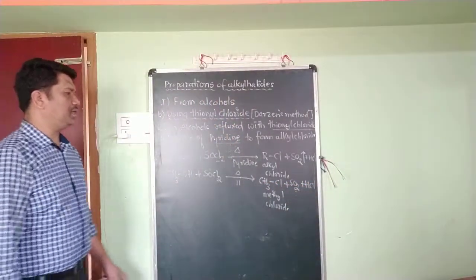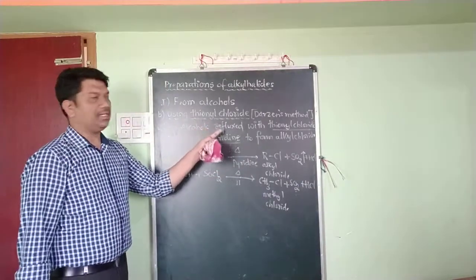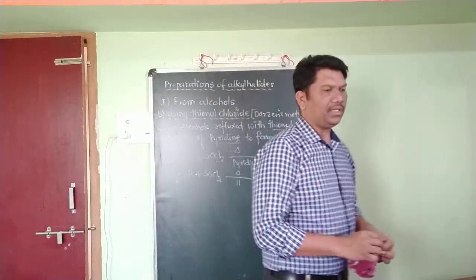So this is the preparation of alkyl halide using thionyl chloride, also called Darzens method. So this is the second method.